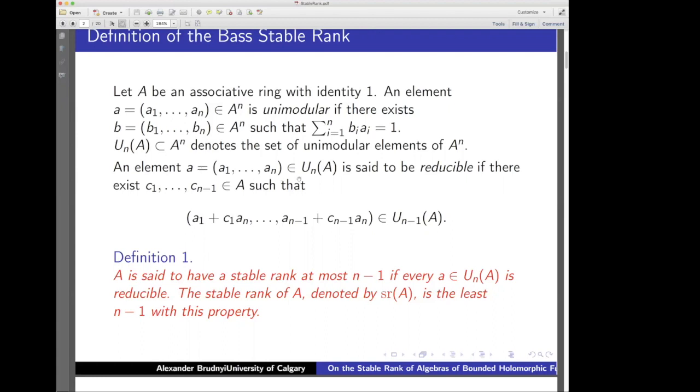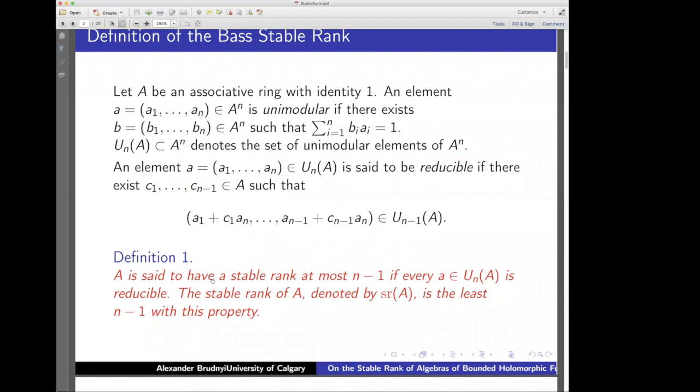So we say that a unimodular element a is reducible if there are elements c_1 and so on c_{n-1} in A, such that a_1 plus c_1 a_n and so on, a_{n-1} plus c_{n-1} a_n will be also unimodular, but of smaller length.